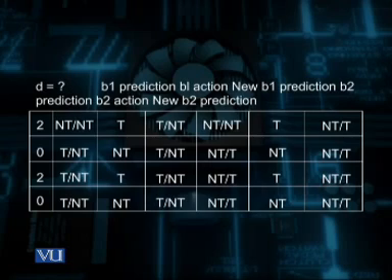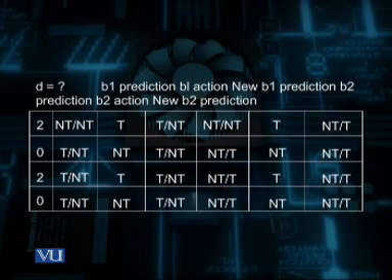Whereas if the prediction bits are not taken / taken, this means that the new prediction if the last branch was not taken is not taken, and the new prediction if the last branch was taken is taken.